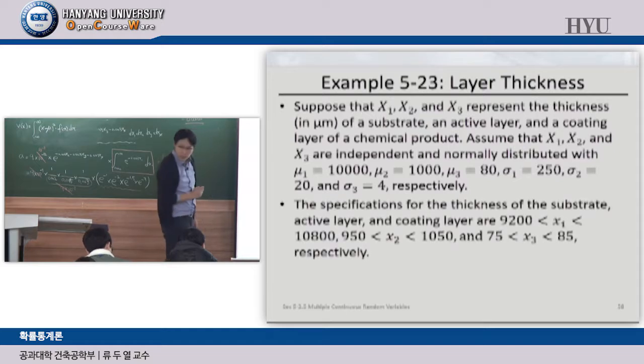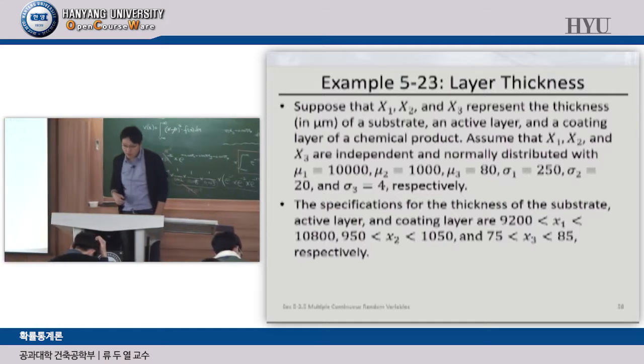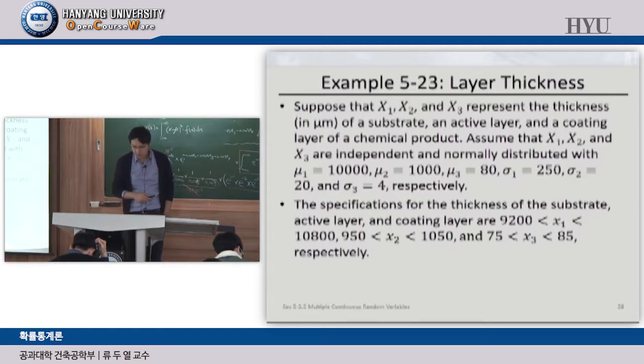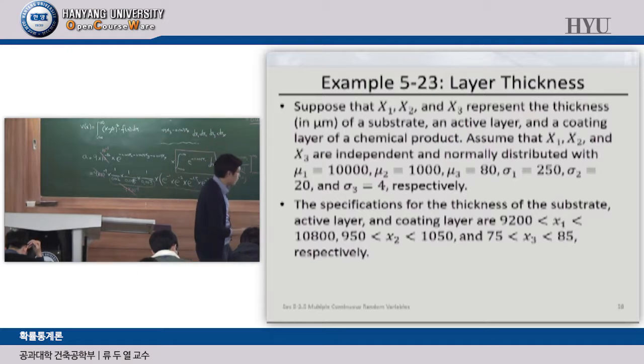In this case, the specifications for the thickness of the substrate, active layer, and coating layer are between 9,200 and 10,800 for X1, which is the substrate, between 950 and 1,050 for X2, that is the active layer, and between 75 and 85 for X3, that is the coating layer, respectively.